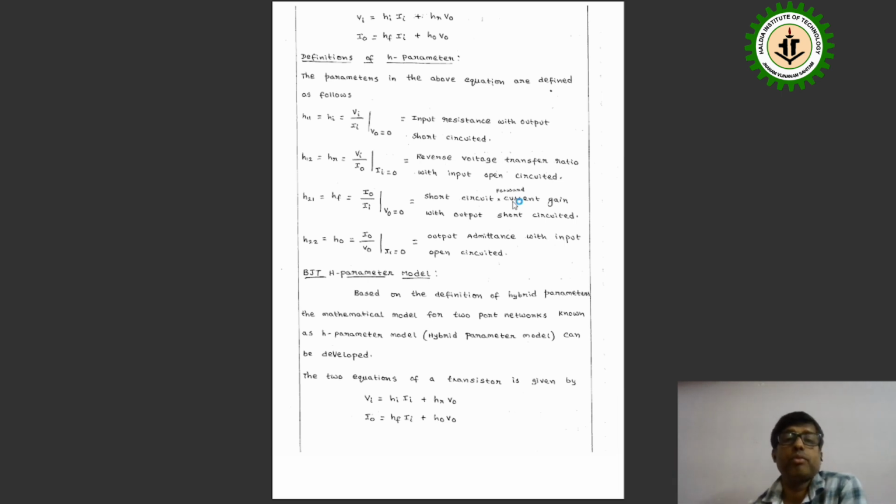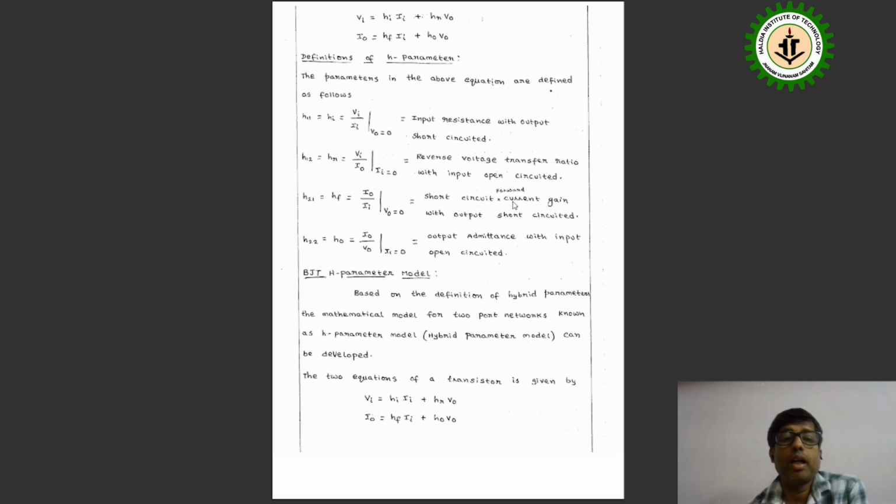This is theoretical. Practically also you can determine it: if the input side is an open circuit, then we can determine the ratio of input voltage and output voltage. This is actually the reverse voltage transfer ratio. Also, the second equation, I naught equals H21 I1 plus H22 V naught. Similarly, we can determine H21 and H22.